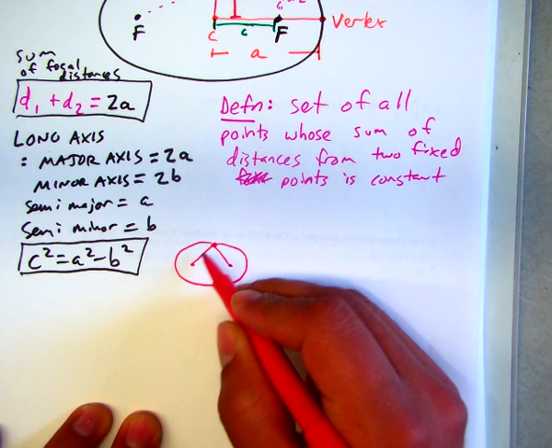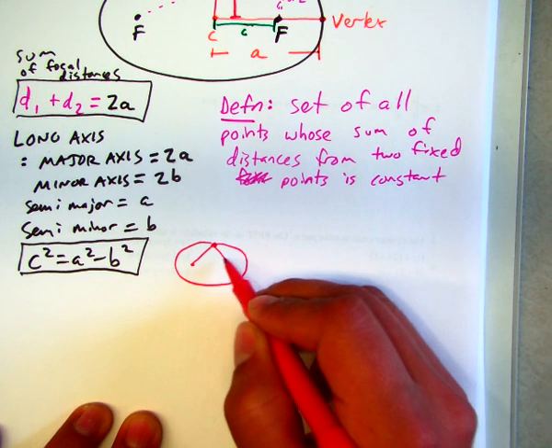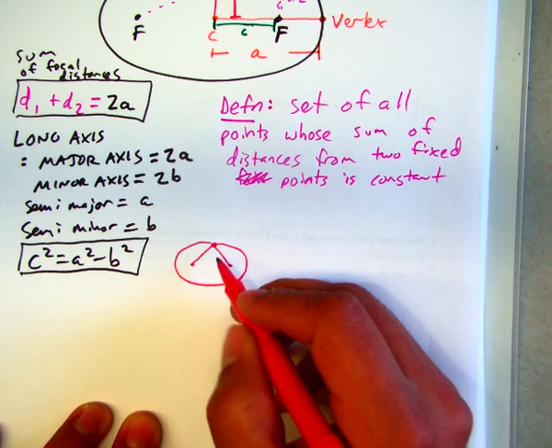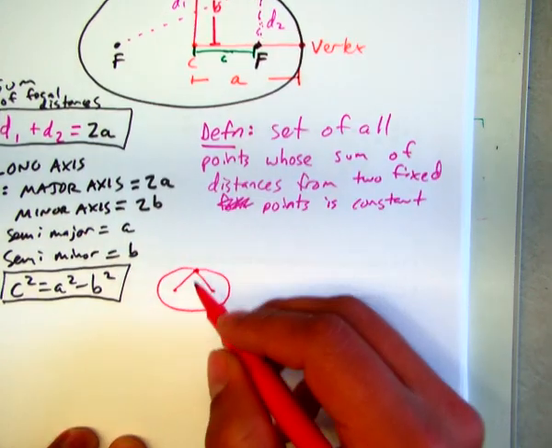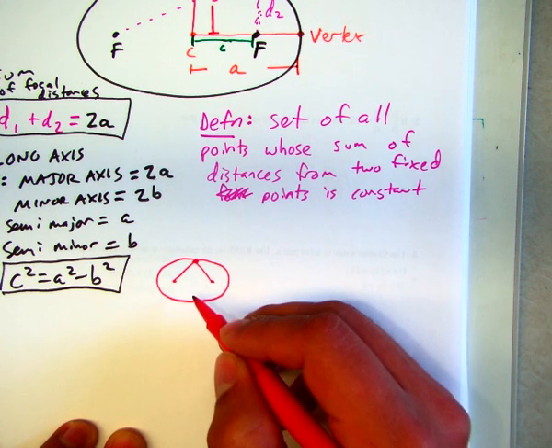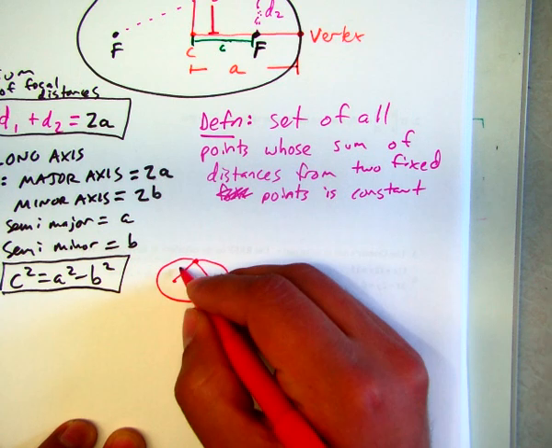When I connect these two and I add these two distances up, what do I get? 2a. If this point is exactly up here at the covertex, then what should each one of these little distances be? Equal. So if the whole thing is 2a, then each one should be a.